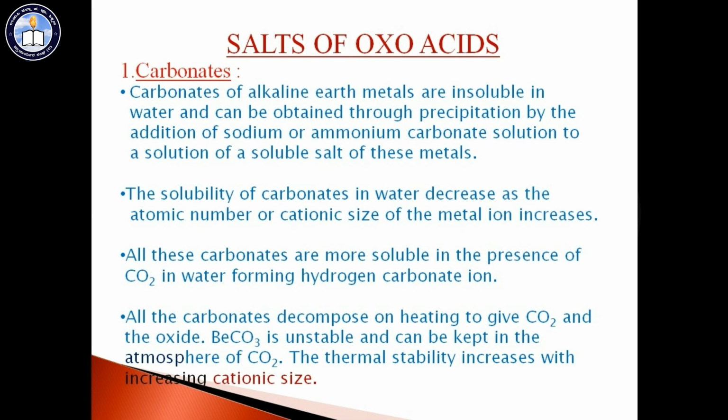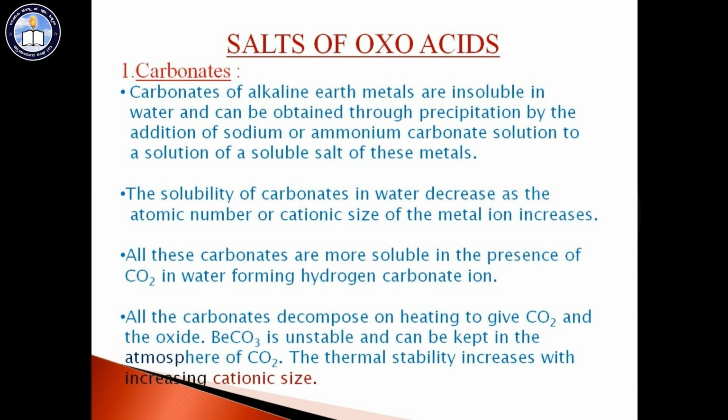Next, we will study salts of oxoacids. First one, carbonates. Carbonates of alkaline earth metals are insoluble in water and can be obtained through precipitation by the addition of sodium or ammonium carbonate solution to a solution of a soluble salt of these metals.